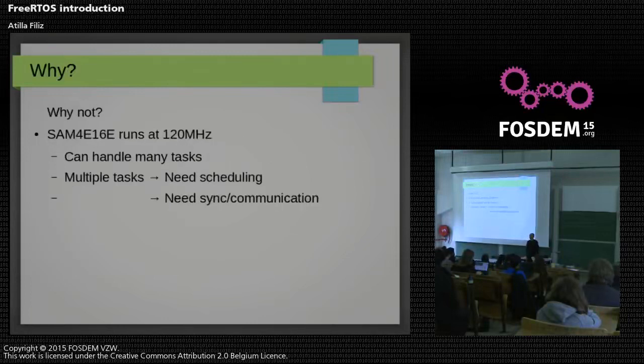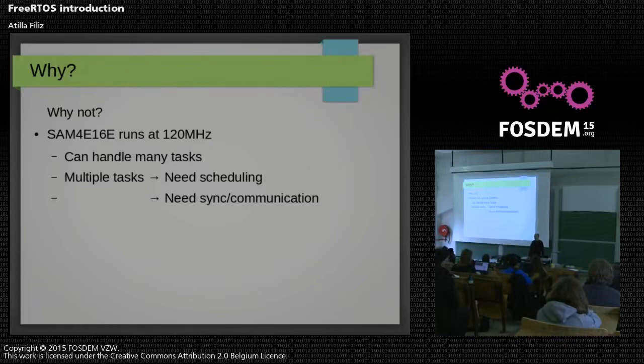So why would I use this operating system? Because currently we have pretty powerful microcontrollers. A chip I'm familiar with is the Atmel SAM4, which runs at 120 megahertz. That's much faster than my first PC. With that much power, you can handle a lot.